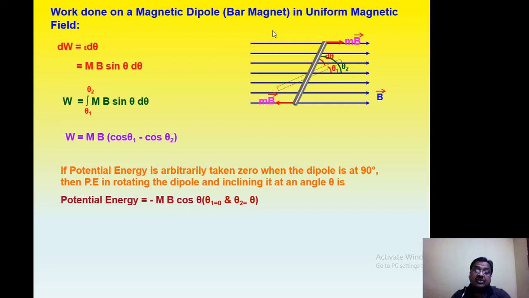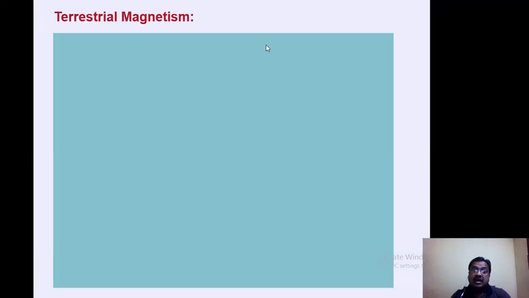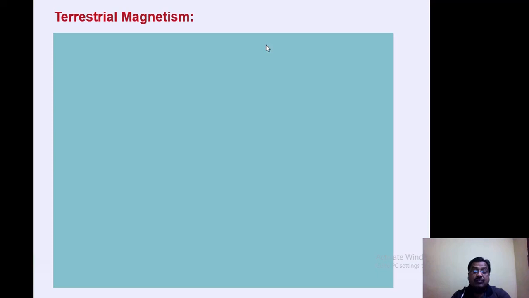But a negative sign is there. So your potential energy will be minus mb cos theta. This work done will be stored as that potential energy, that is minus mb cos theta. But always remember, potential energy can be taken as arbitrarily 0 at any position of the dipole.